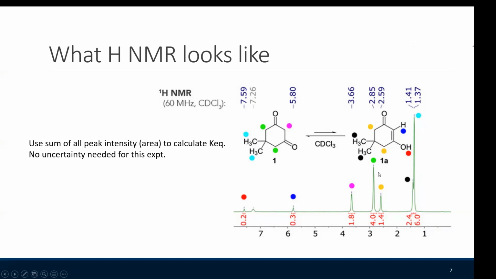And you can use the rest of the other hydrogens because the rest should be the same, right? So in this case, I would use green and pink to represent the keto form, and for the enol form, I would use the yellow, blue, and red to represent the enol form.